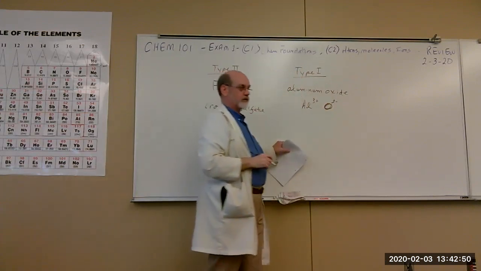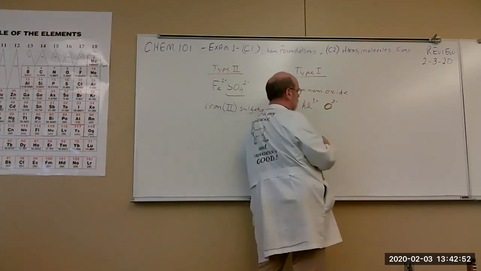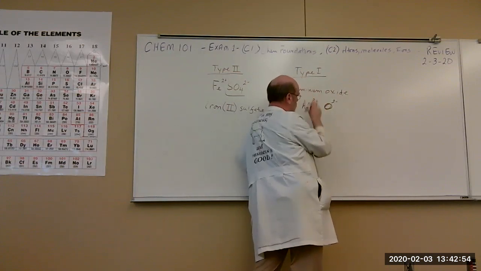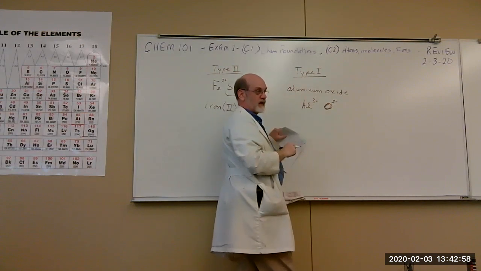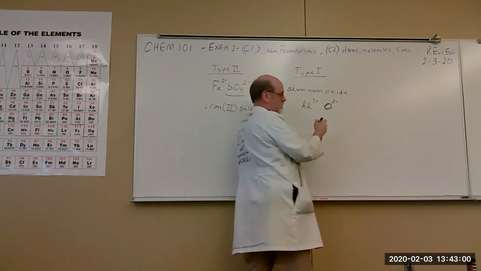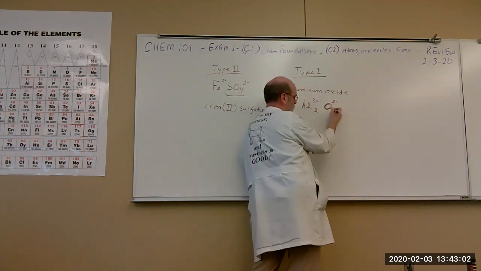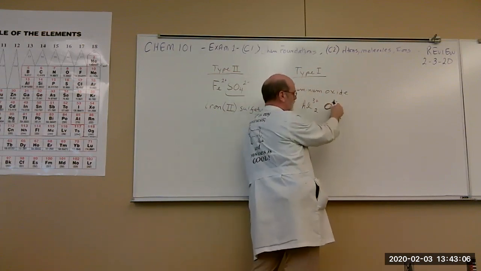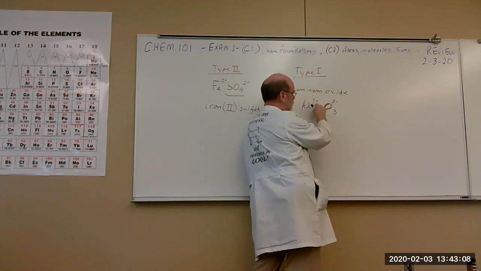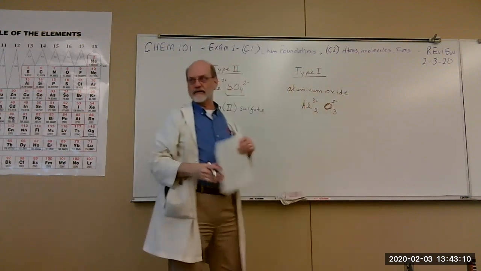You can't change those. So you have to have balanced charges, and this one's odd, this one's even. The best way to resolve that is to cross them. Put the 2 over here, and 3 over there. And just check yourself. 3 times 2 minus is 6 minus, 2 times 3 plus is 6 plus, and they balance.